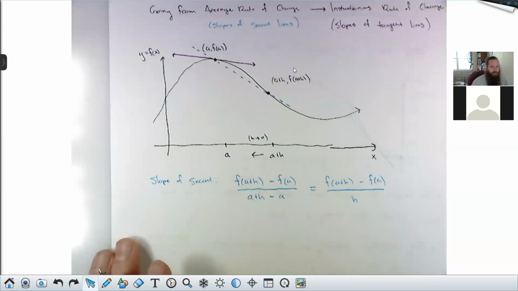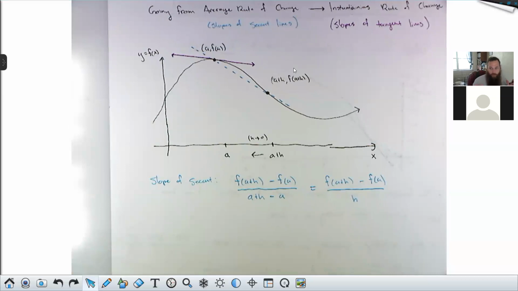So if you send h to 0, then a plus h goes over to a. And as that happens, this point is slowly walking along the graph up to meeting this point. And when they do actually meet, instead of having a secant line with 2 points, you'll have the purple tangent line that just kisses the graph at that 1 point in that perfect slope.